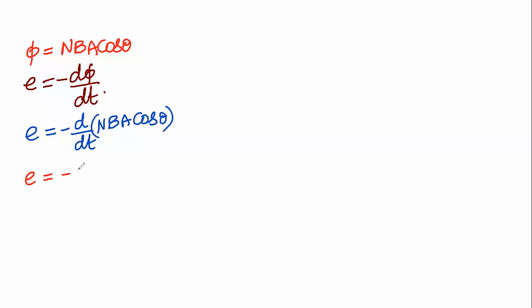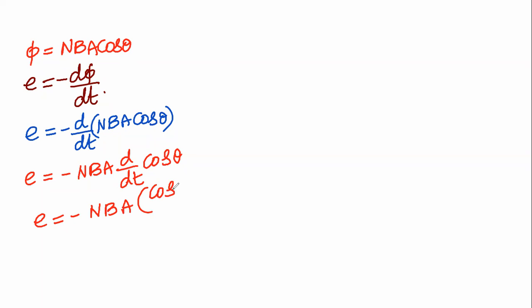Let us suppose the change in magnetic field is there, due to which NBA is constant, then d by dt of cos theta we may take, meaning cos theta 2 minus cos theta 1. So induced EMF is equal to NBA into cos theta 2 minus cos theta 1.